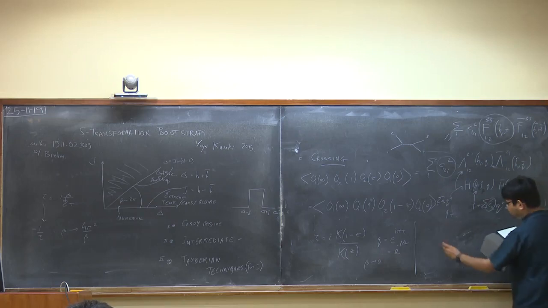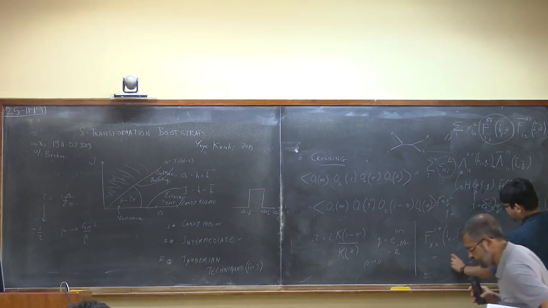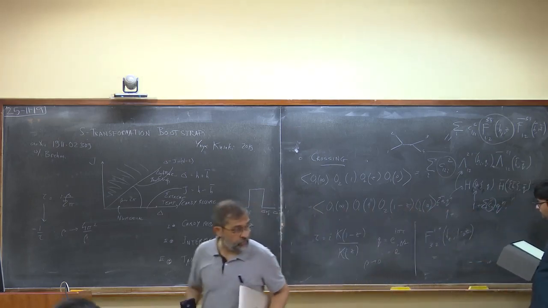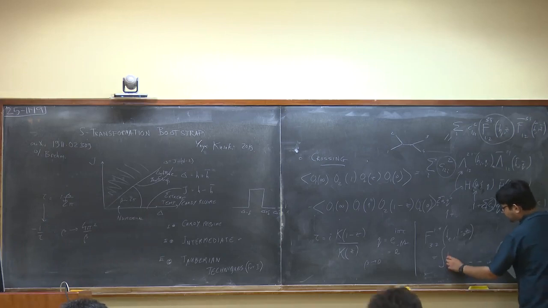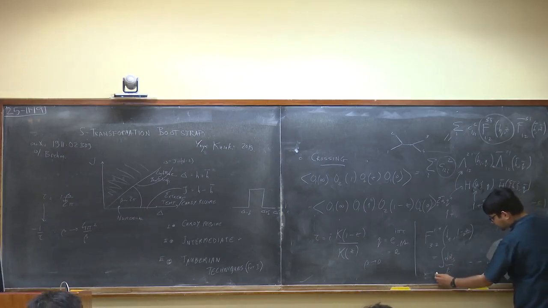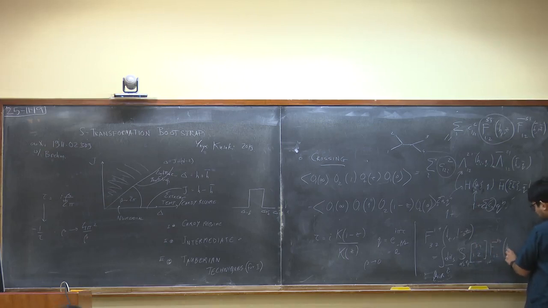So then it's useful to use the relation between the crossing of the blocks themselves, which is given by the integral d alpha s by 2i, Q by 2 plus i, plus there is also a discrete contribution.